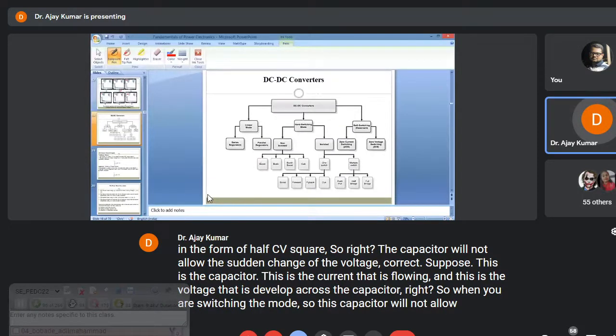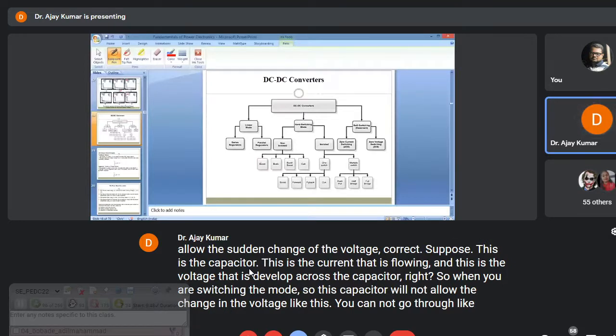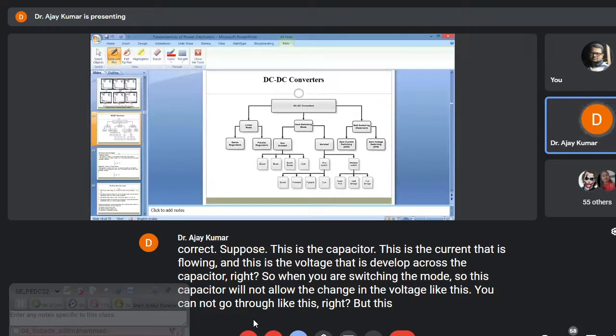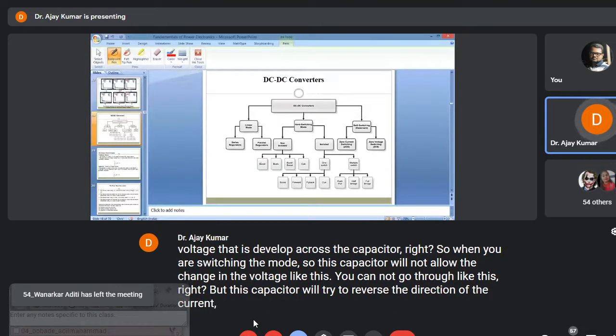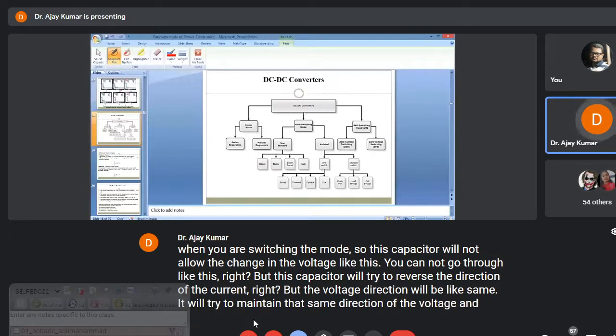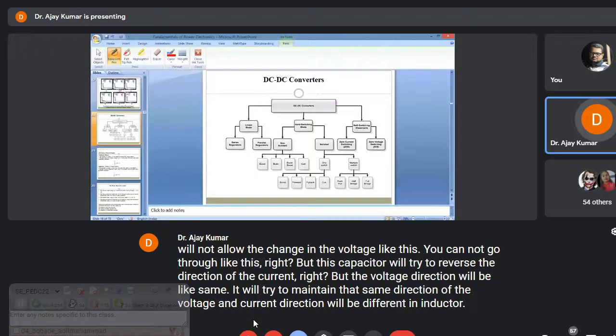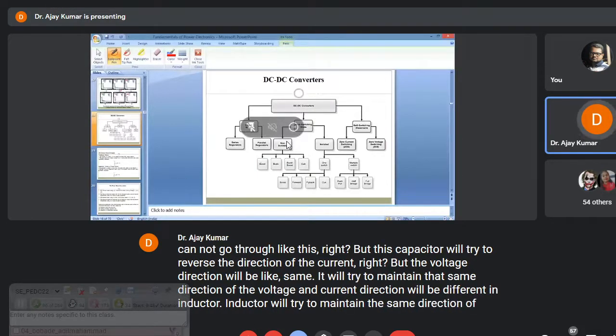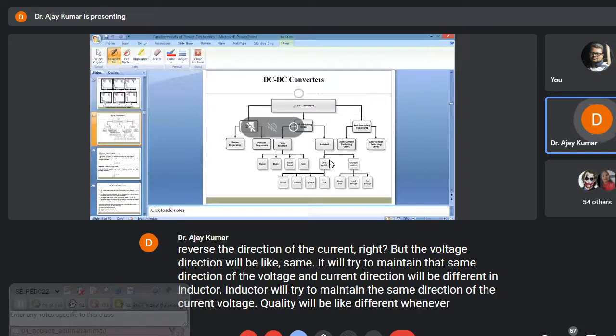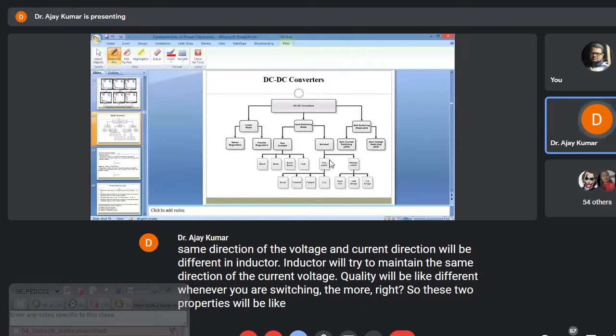But the capacitor will try to reverse the direction of the current, while the voltage direction will be the same. In the inductor, the current direction is maintained and the voltage polarity is different whenever you switch the mode, right? So these two properties are utilized to analyze the converter.